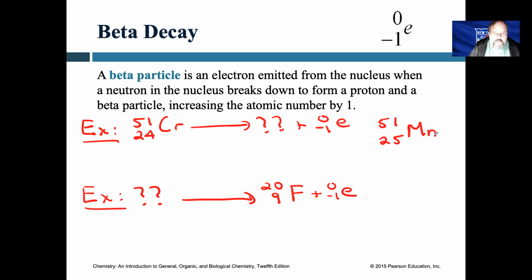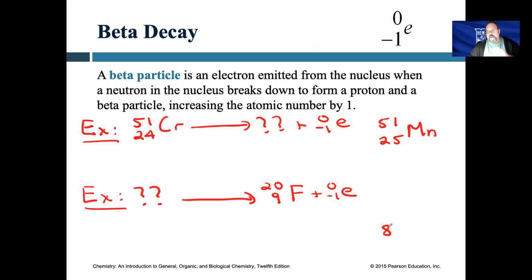Okay. Next example, now we want to figure out what the beta emitter was that released a beta particle and became fluorine with a mass number of 20. So on the product side, we have atomic numbers of 9 and -1. 9 minus 1 is 8.